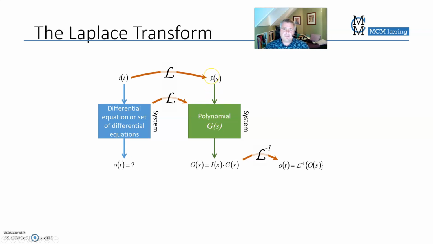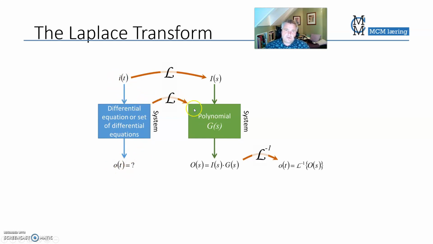So what you get from this is that you have your input, it's now working on a polynomial instead. From that you can quite easily calculate an output which is a new polynomial. Well, that would be quite useless unless we could do the inverse conversion again, and now you get the output in a time plane. So you didn't have to go through this mess of differential equations.